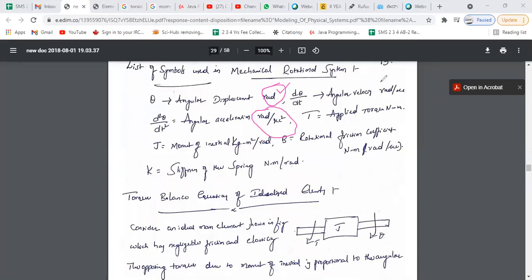The unit of angular velocity is radians per second. The unit of angular acceleration is radians per second square. See, d square theta by dt square: theta is nothing but radian, and t square is nothing but second square. I think it's clear.